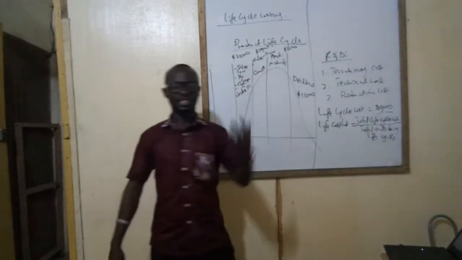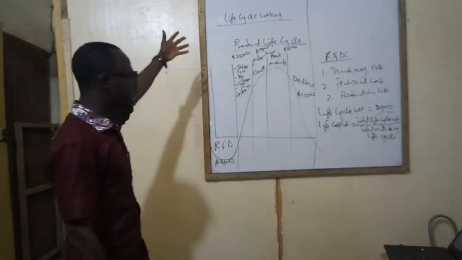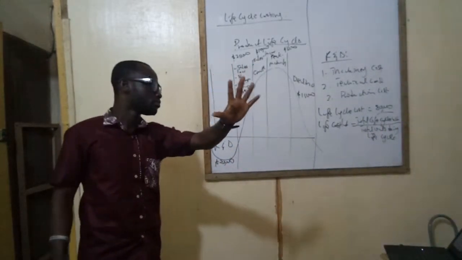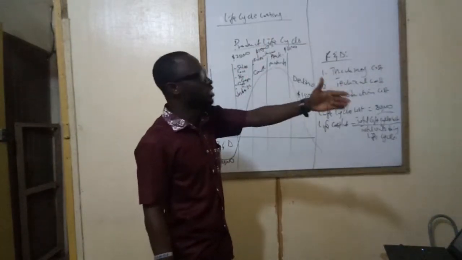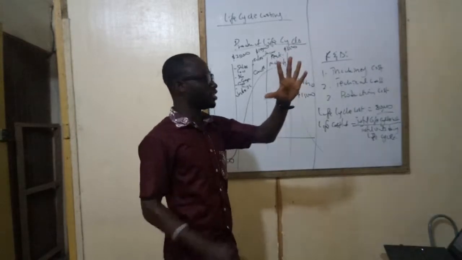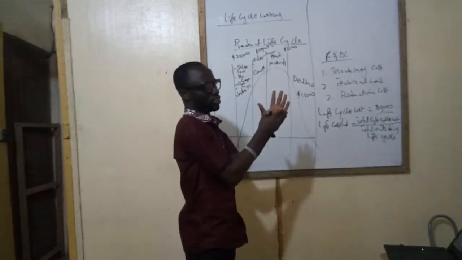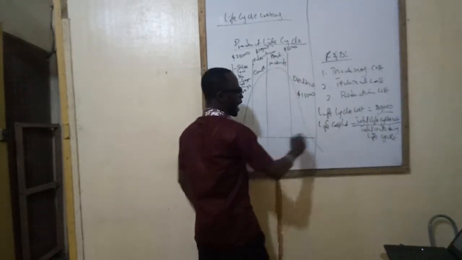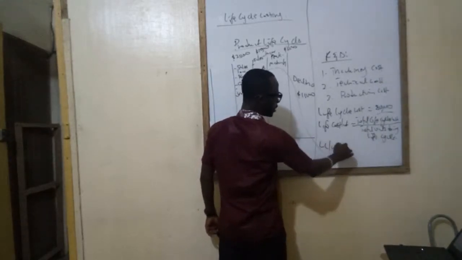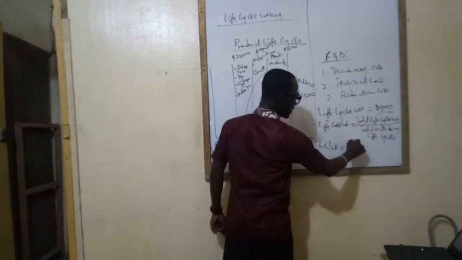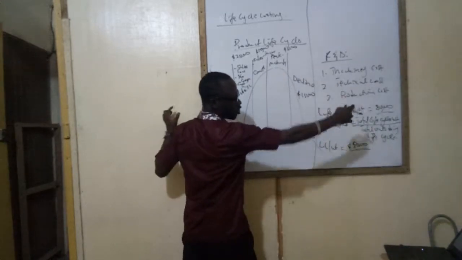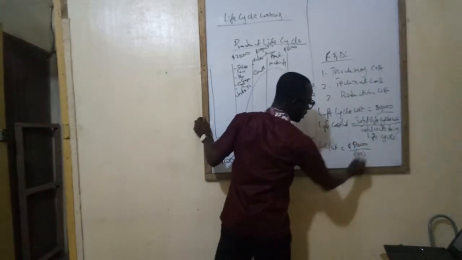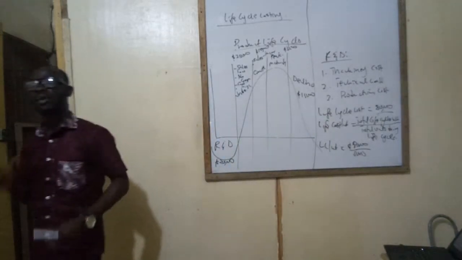So if we anticipate that this project has a life of 5 years, and throughout this 5 years, every year we produce 1,000 units, then throughout the 5 years it is going to be 5,000 units. In that case, our life cycle cost per unit is going to be this $80,000 divided by the units to be produced over the life, 5,000 units, and whatever answer we get becomes the life cycle cost per unit.